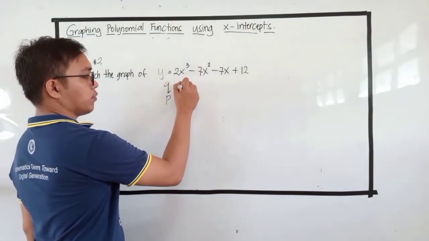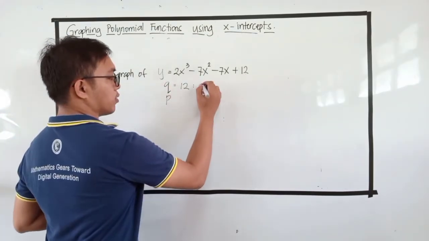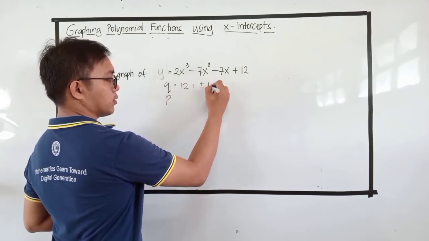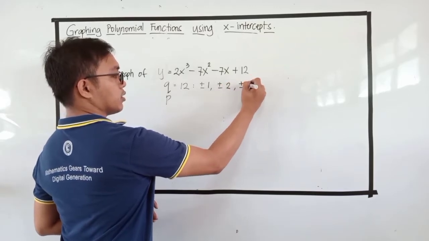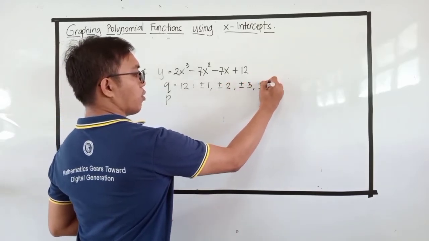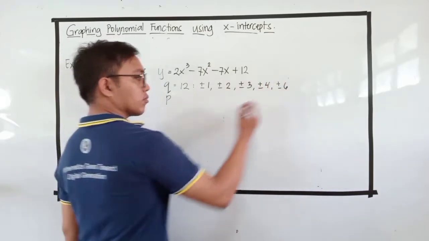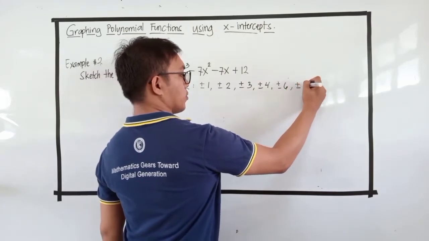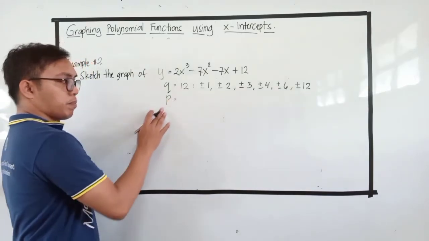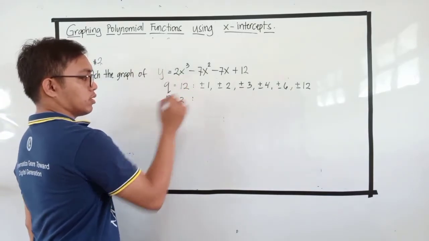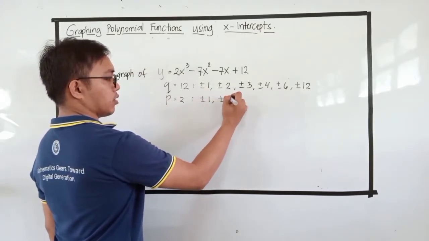Our q here is 12, the constant, and the factors of 12 are positive negative 1, 2, 3, 4, 6, and 12. P is 2. The factors of 2 are positive negative 1 and positive negative 2.